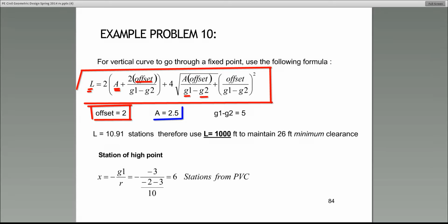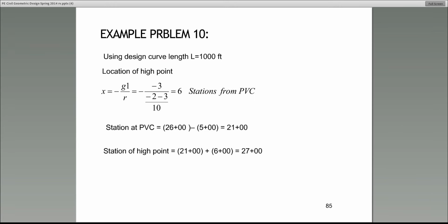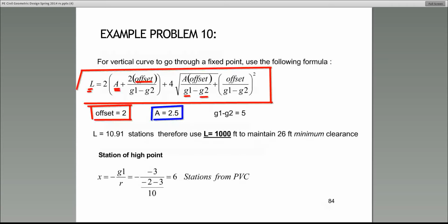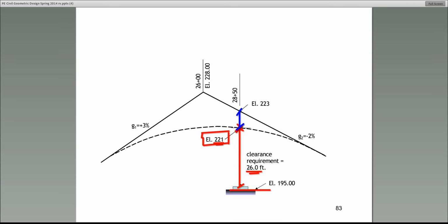Now, what about A? Capital A. A lot of people have difficulty with that, but it's simple. Write it down. A is this distance between the station that you're interested in and the station of the PVI.